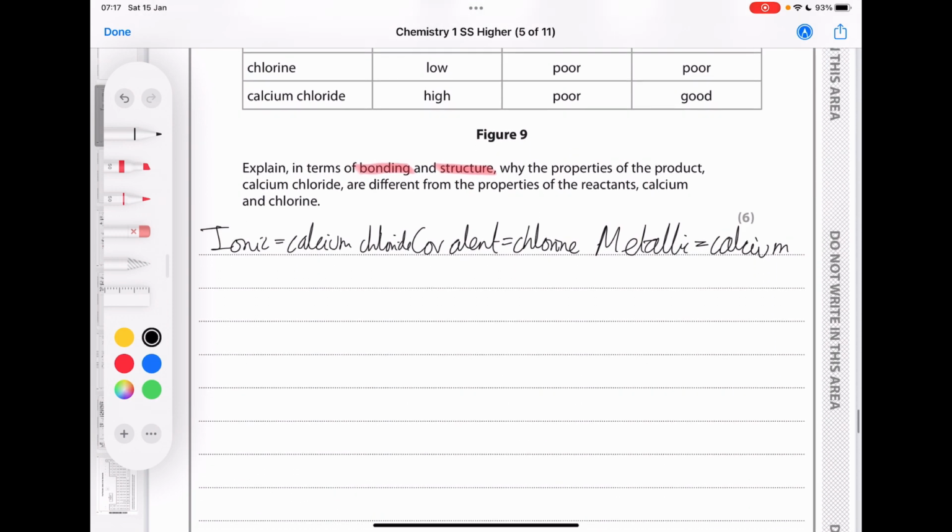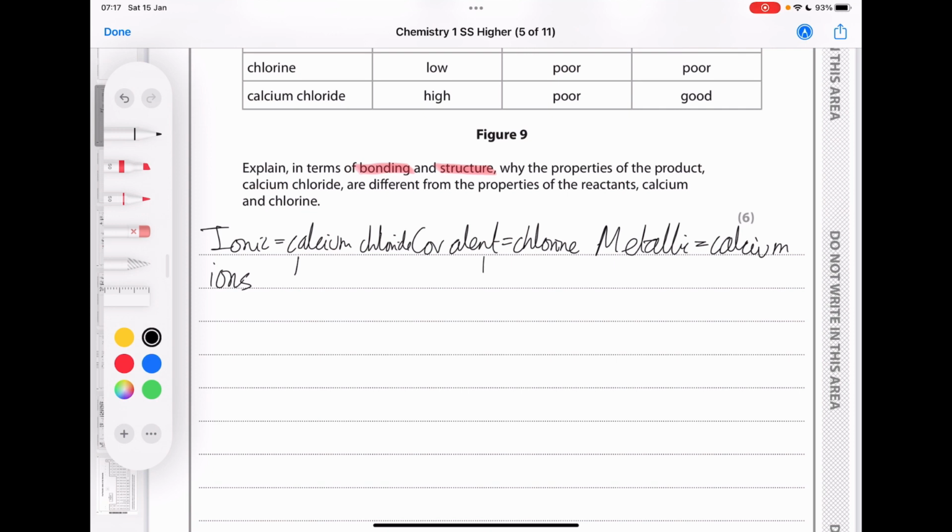If you have got an ionic substance, that contains ions, and therefore you cannot talk about molecules or strong or weak intermolecular forces. You cannot talk about covalent bonds, and you cannot talk about delocalized electrons because they do not exist in an ionic substance.